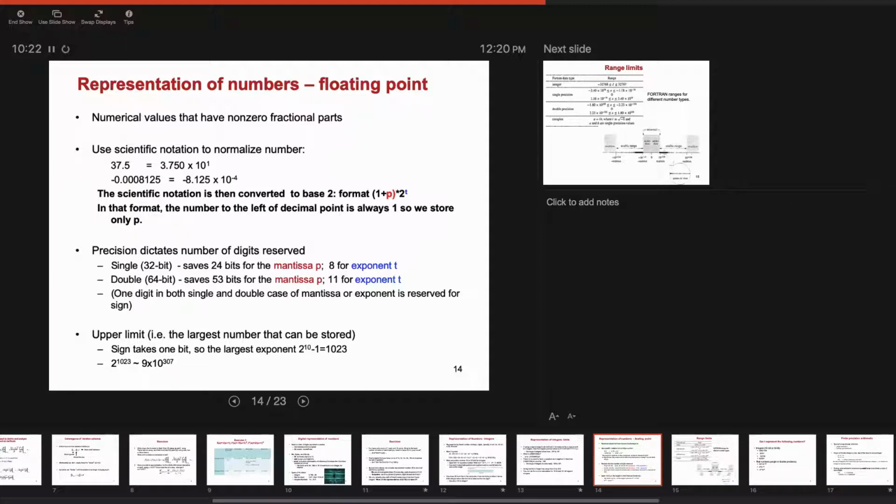So basically, if I had a 32-bit number, then I would have 24 bits for P and 8 for T, including a sign. And if I had a 64-bit number, I would have 53 bits for P and 11 for T. And this is where basically limits come into play.